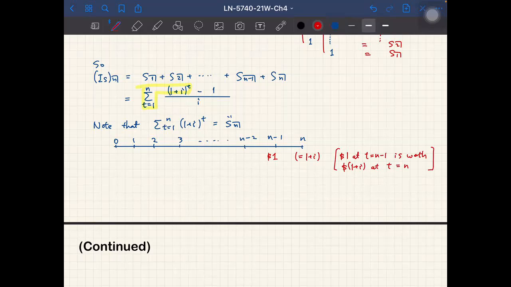And in the same way, $1 at time n minus 2 is worth (1 plus i) squared dollars at time n.